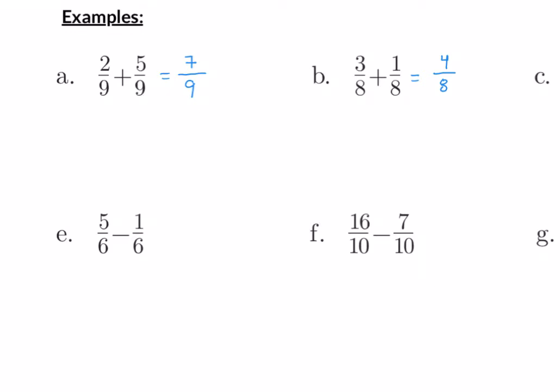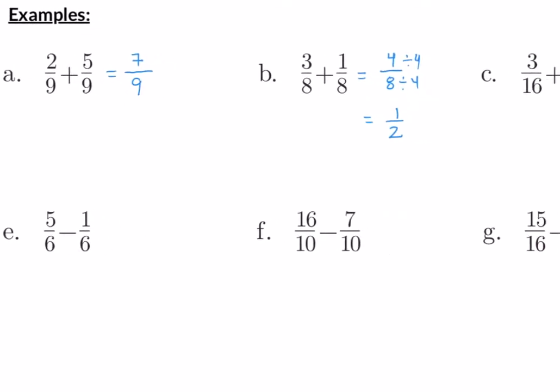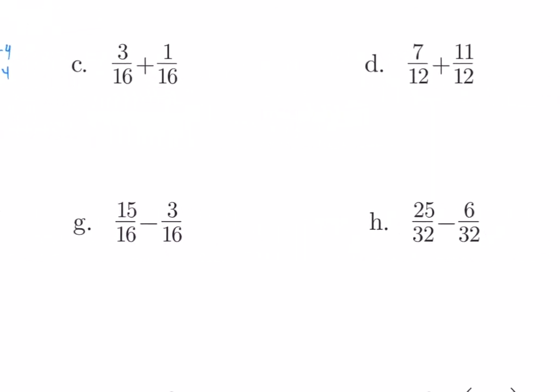This is not in lowest terms. 4 and 8 are both divisible by 4. So let's go ahead and divide by 4, and we get 1/2. 1/2 is in lowest terms, so we are done.